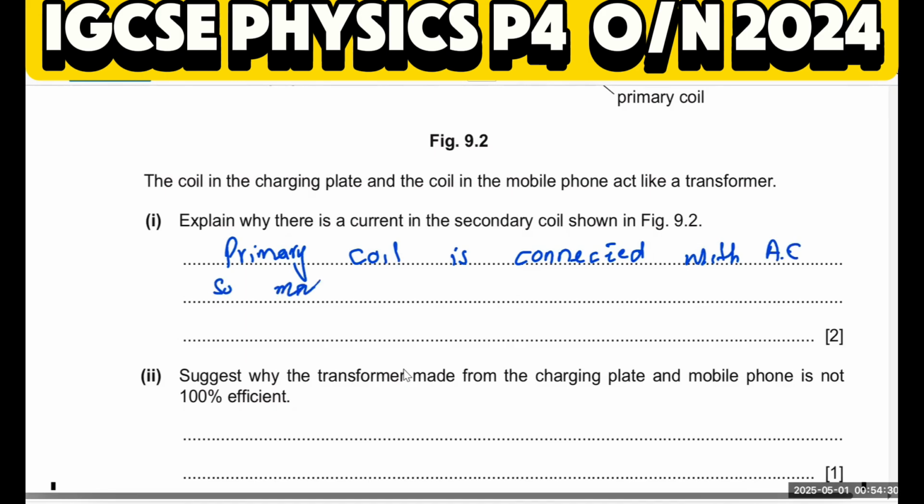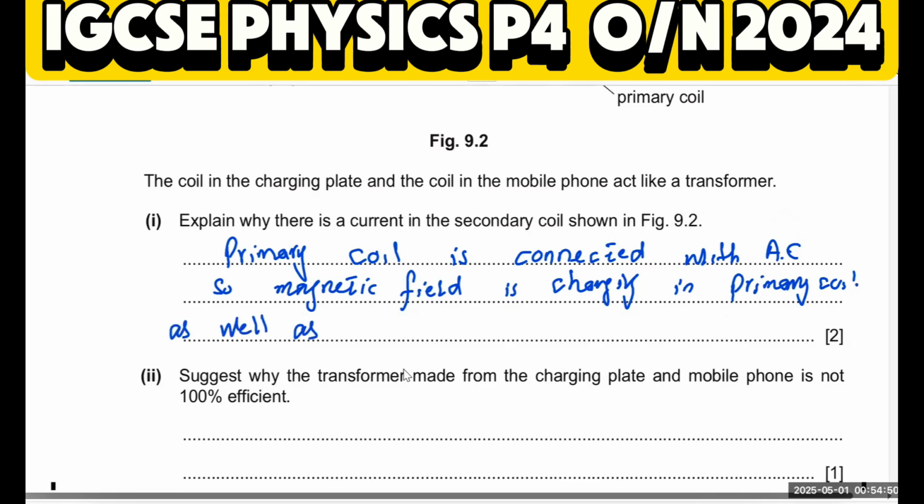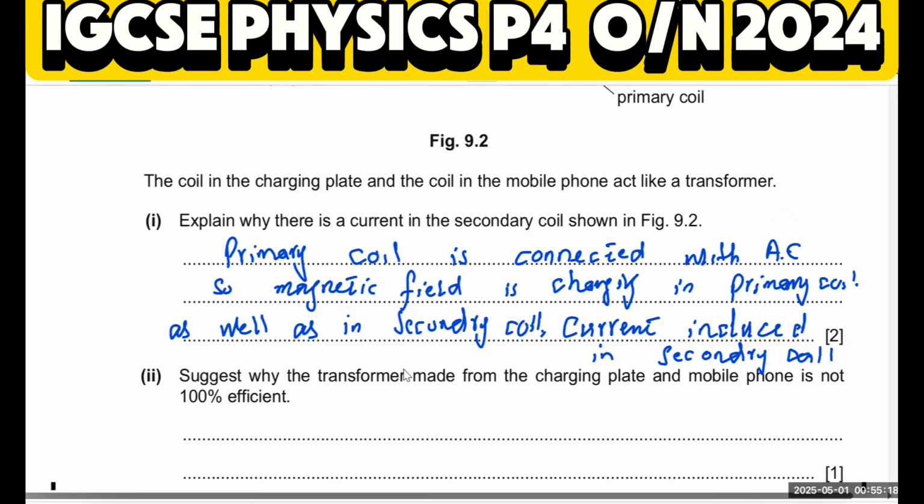So the magnetic field is continuously changing in the primary coil as well as in the secondary coil. What it means is, when the magnetic field of the primary coil changes, current will be induced in the secondary coil. And this is basically electromagnetic induction.